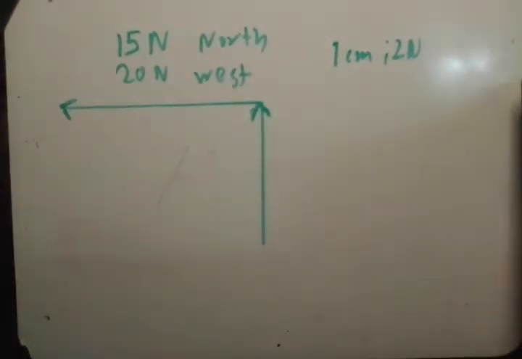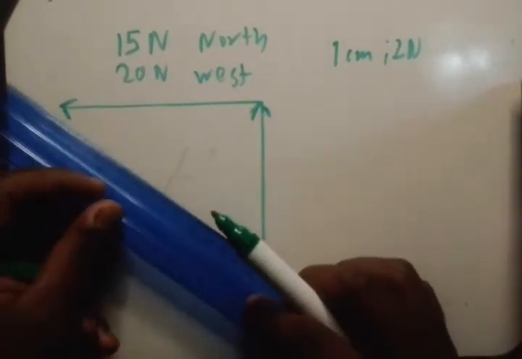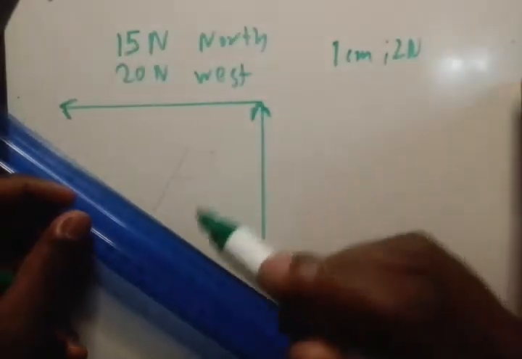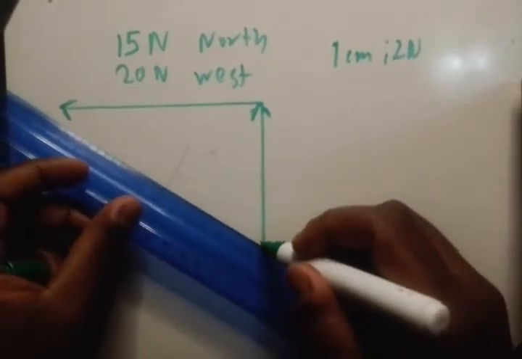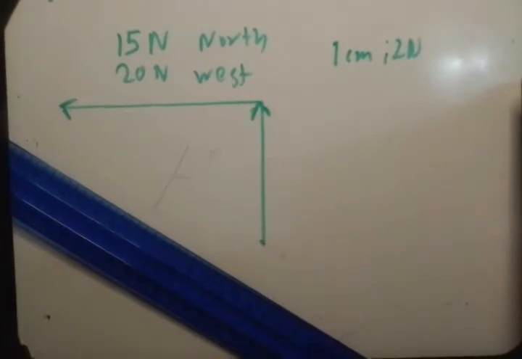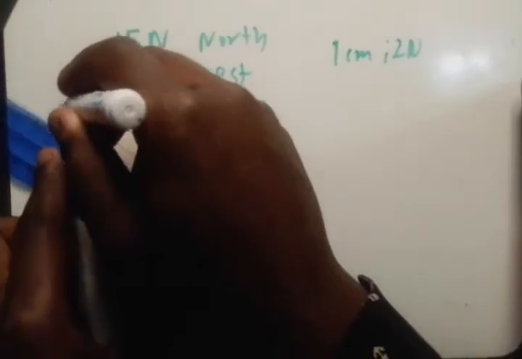And then from here, I have to now find my resultant. My resultant is always from the tail of one to the head of the other, right? If we draw it backwards, it will be from the head to the tail. But remember, the method is head to tail, so the resultant is tail to head. So from the tail of one to the head of the other. So if I draw it, this is how it would be.